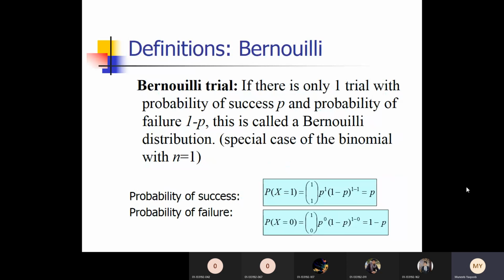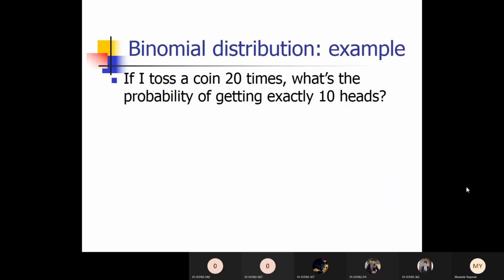Now coming to one more question. They are saying that if a coin is tossed 20 times, what is the probability of getting exactly 10 heads? So for exactly 10 heads, we need to find the probability of capital X equals 10. Why?